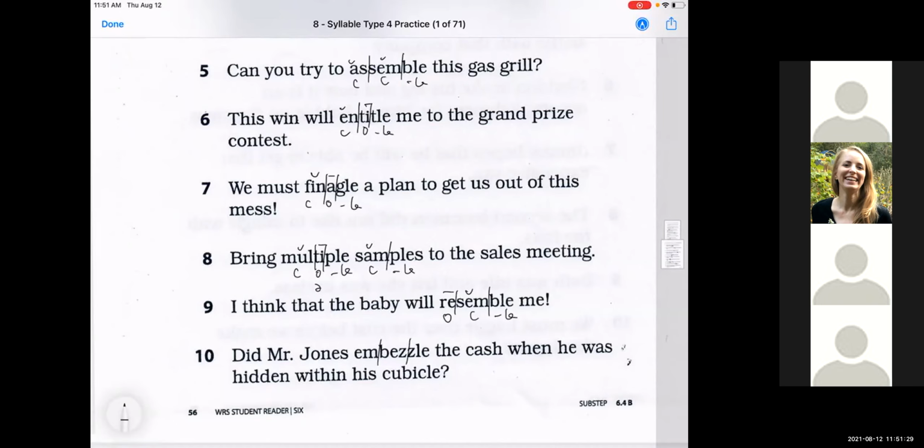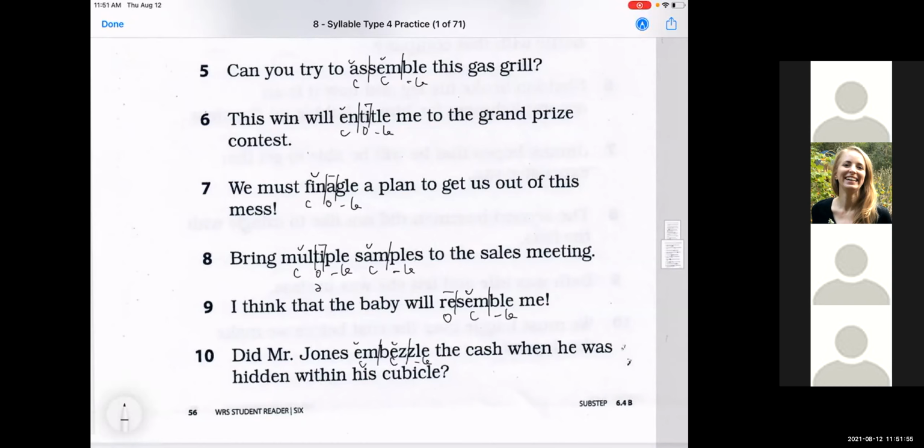So EM is close. I think this is close. Then bezzle also close. And LE.